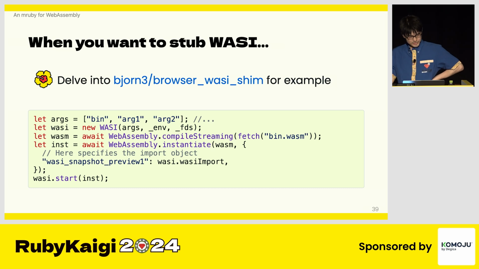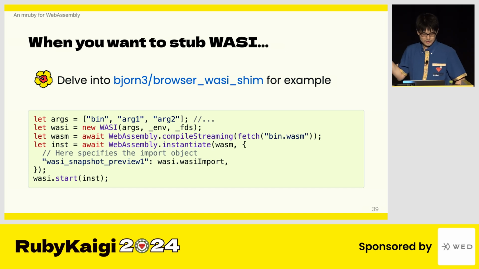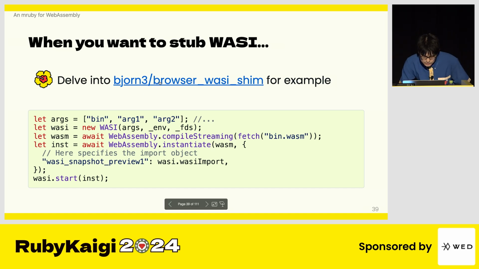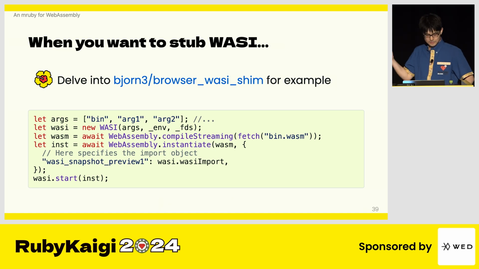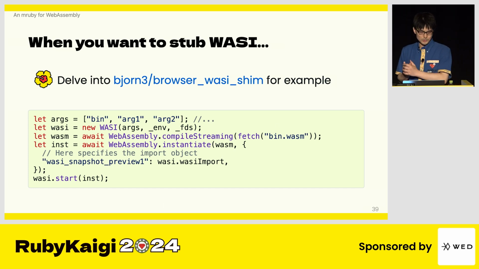So WASI is basically a bunch of import functions, so you can generally stub these functions easily. For example, there is a browser_wasi_shim project that stubs almost all of the WASI functions. You can specify the WASI import when instantiating the WASM.